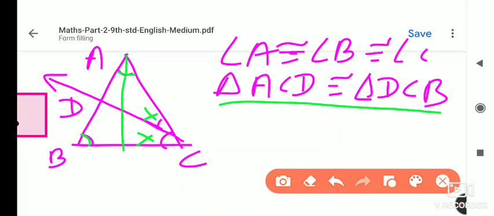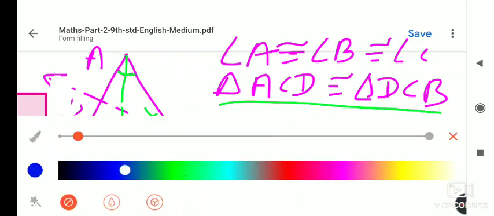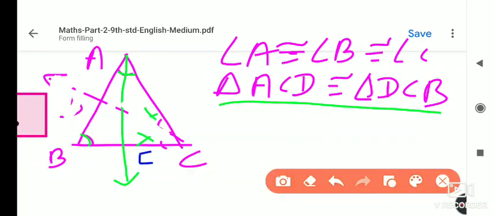Afterwards, draw the bisector of angle A, and again you show the triangles are congruent to each other. How can you show it? See here, here it is D. Now write here E. Angle B is congruent to angle C already, and this is the angle bisector, that's why angle BAE is congruent to CAE.